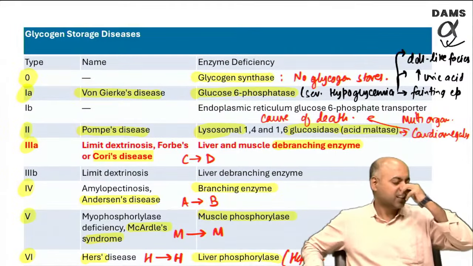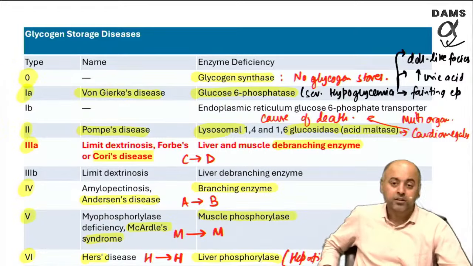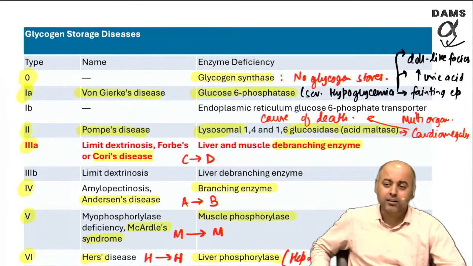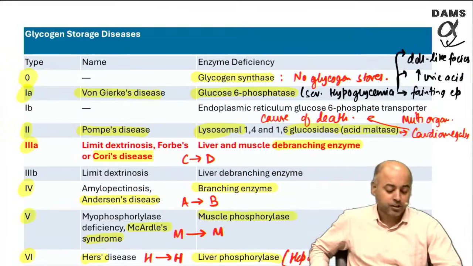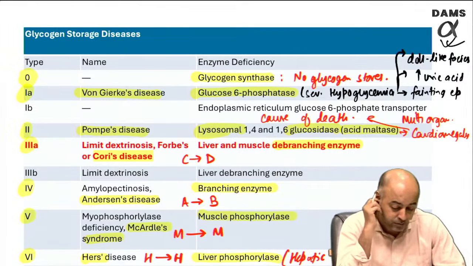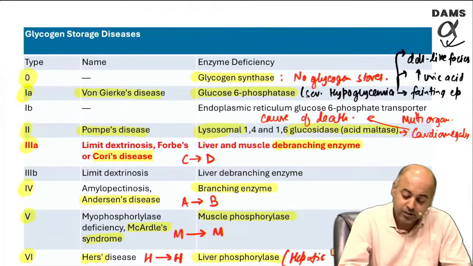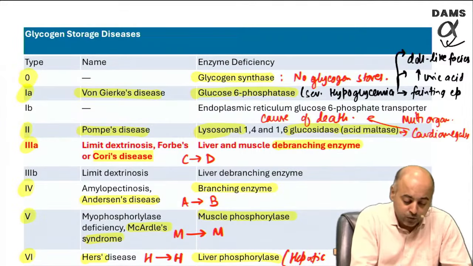They can mention that there is failure to thrive and other features, but the cardiomegaly is seen and either early death is mentioned, or later on they can mention that one of the siblings died early. Just like we have multi-organ involvement here, in von Gierke's disease you have the liver and kidney enlargement.